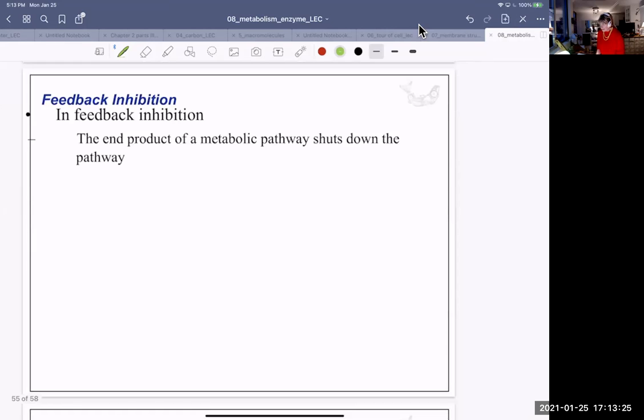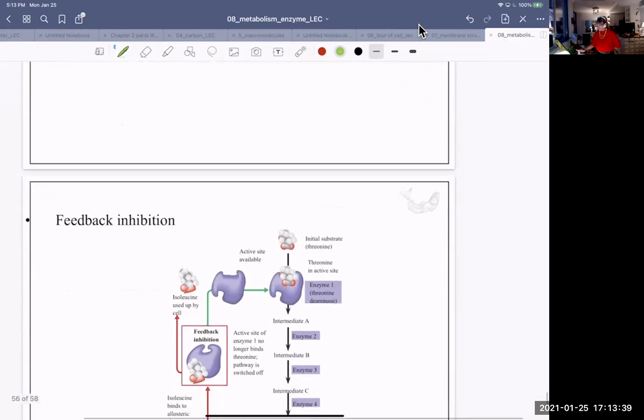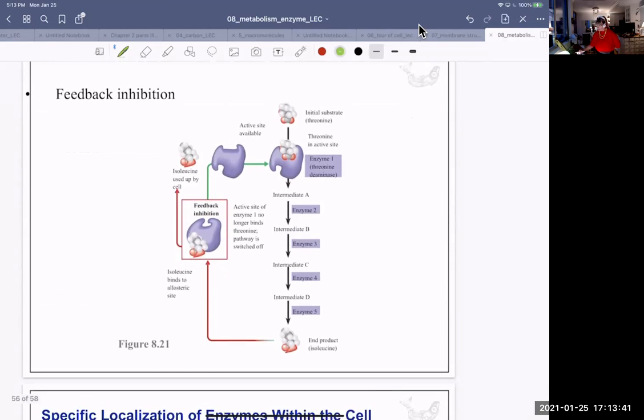So like any feedback system, it's often a negative feedback system or inhibition. There's loads of product. The end product may shut down the pathway with feedback inhibition, it's called.